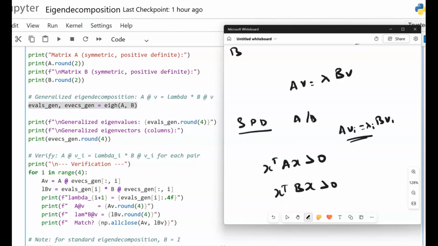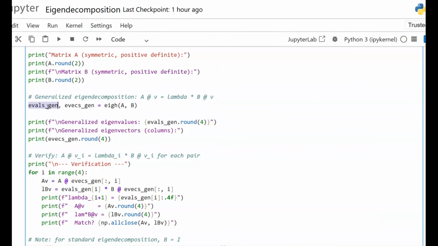And here kindly just observe, dear friends, this eigenvalue is a generalized eigenvalue, and towards the column we have the generalized eigenvectors.